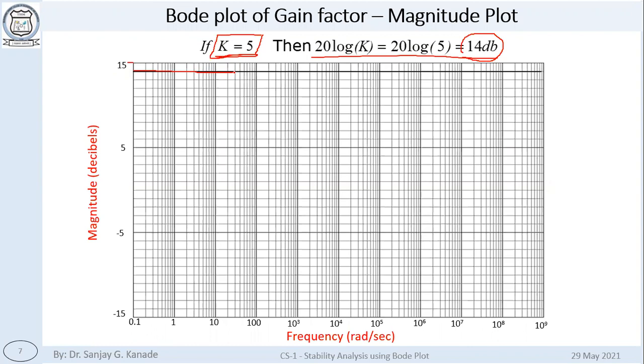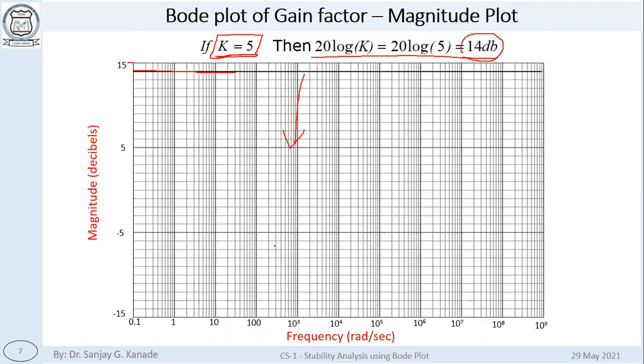Now what if the gain 5 is reduced? What will happen? This line will move below towards 0 decibels. Means the gain line is reducing.